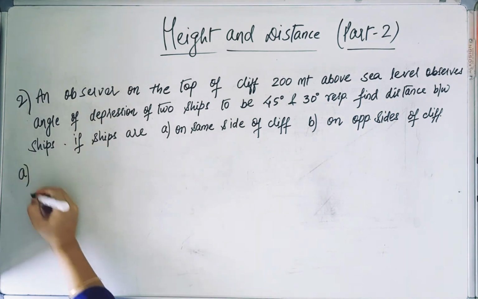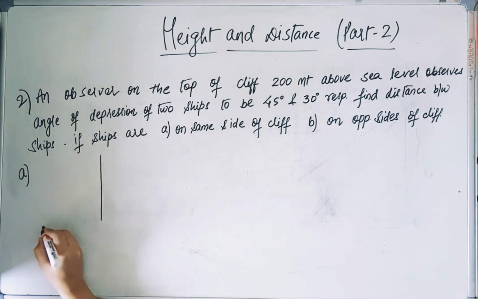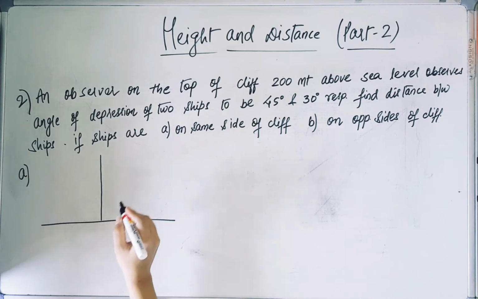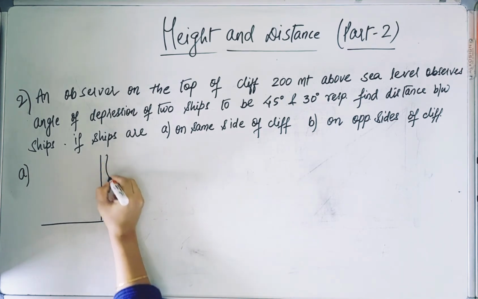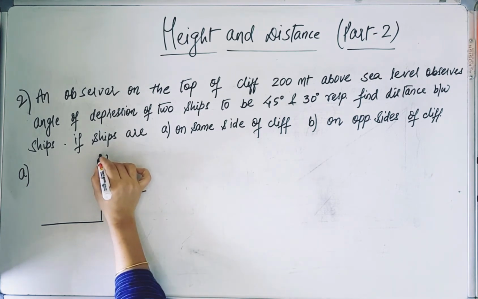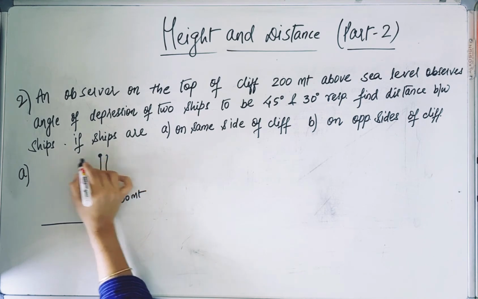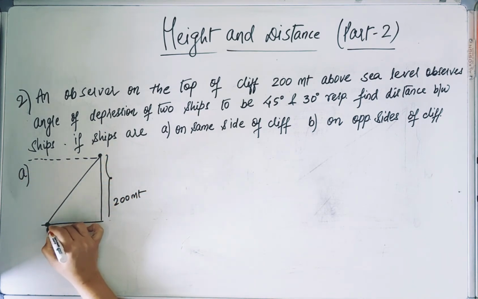See, when I'll take on same side of cliff, let's suppose this is the cliff, this is a sea level. Now what they are saying, height of this cliff is 200 meter. They told this, here is observer at an angle of depression. So ship is over here.